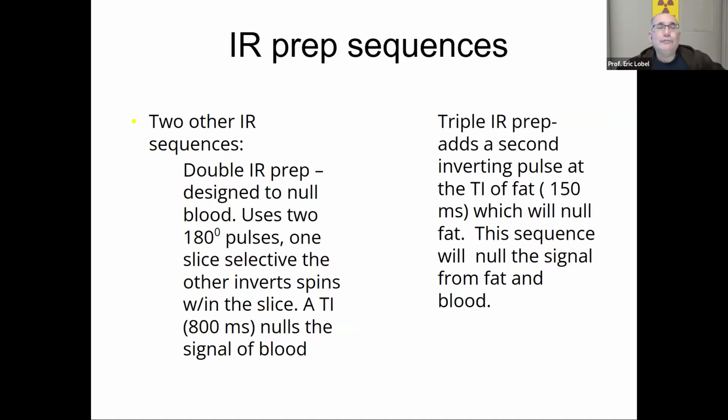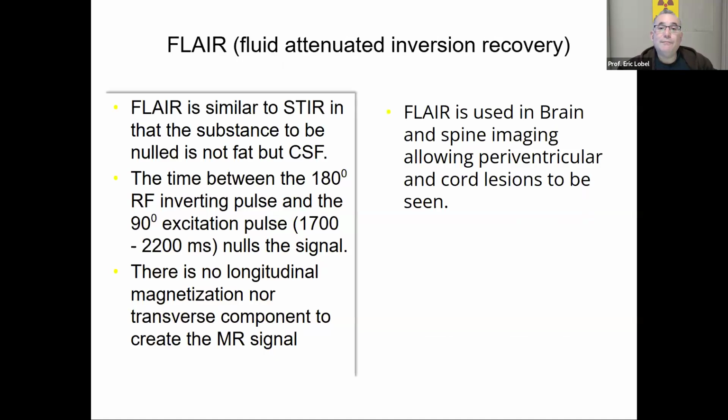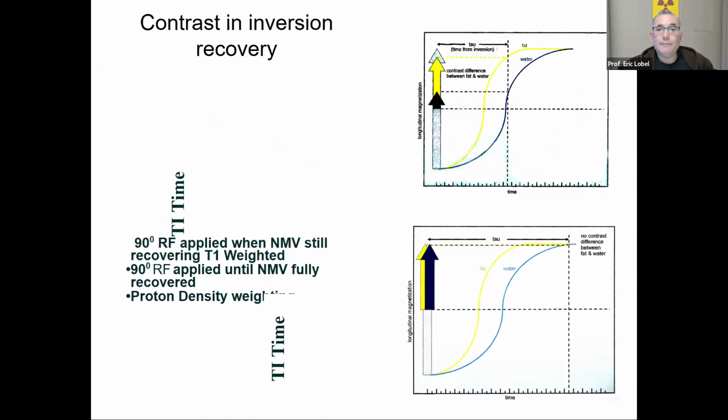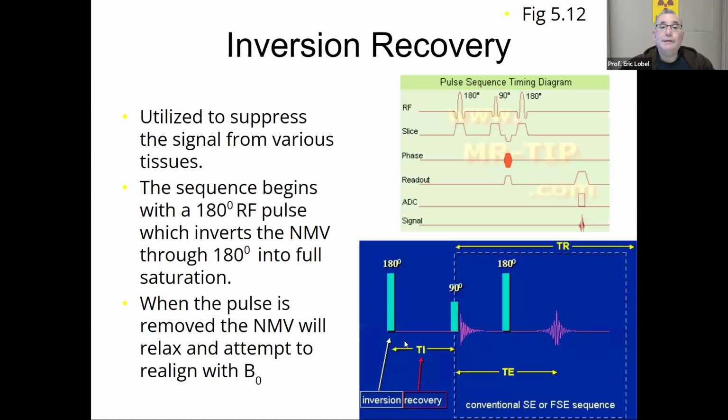So this slide is related, we're almost done. This slide is related to the fact that I said, look, how cool, you can actually know the signal from more than one thing at the same time. So you can have 2 or even 3 TIs. If we go back for a second, there's no reason I can't have inversion with another inversion with another inversion and then have a 90.